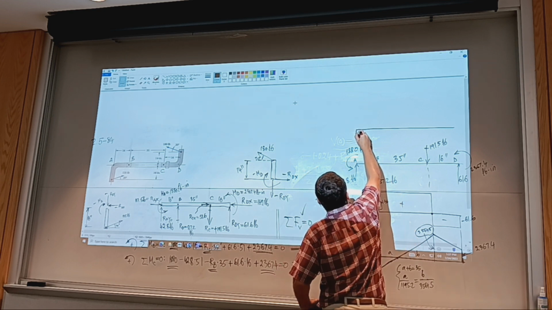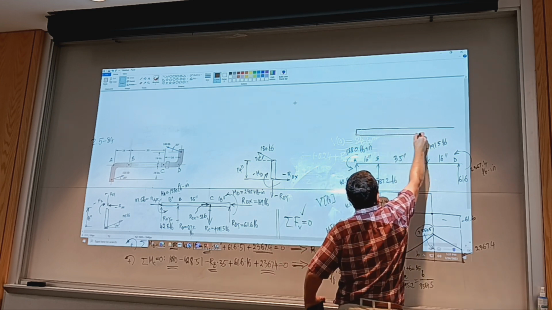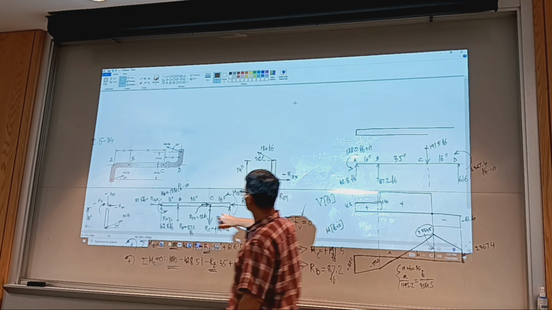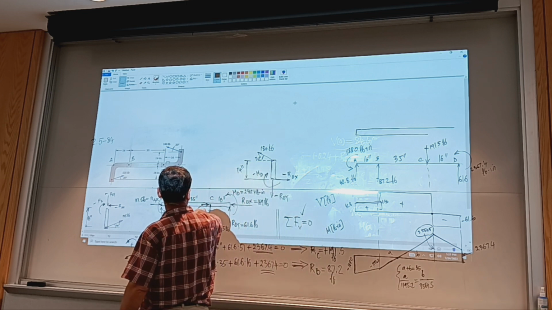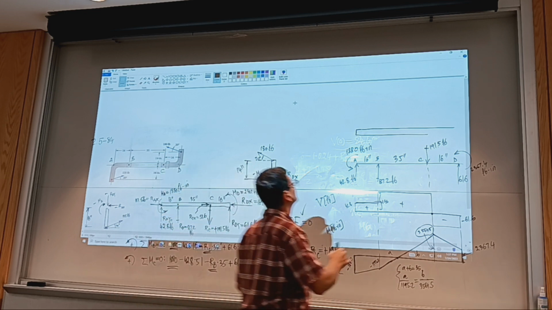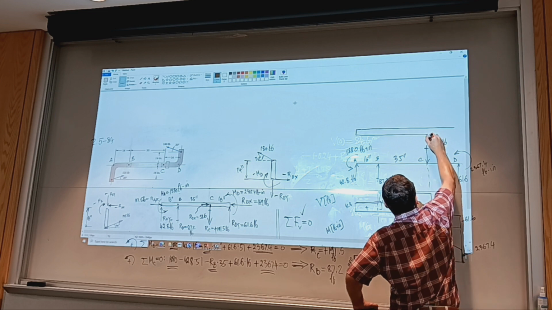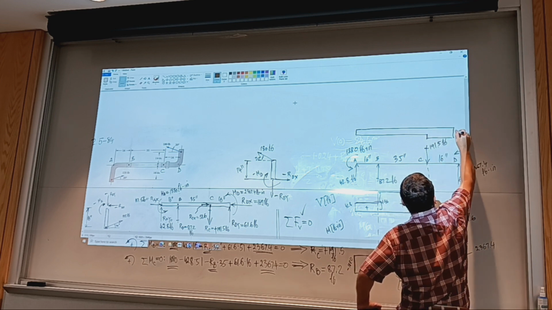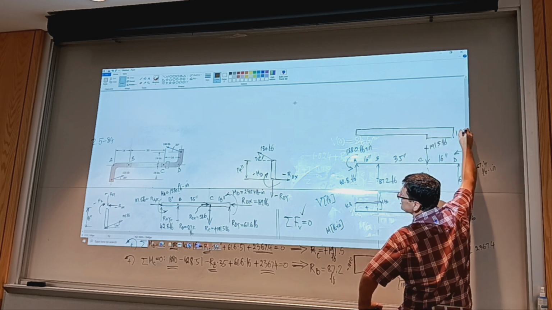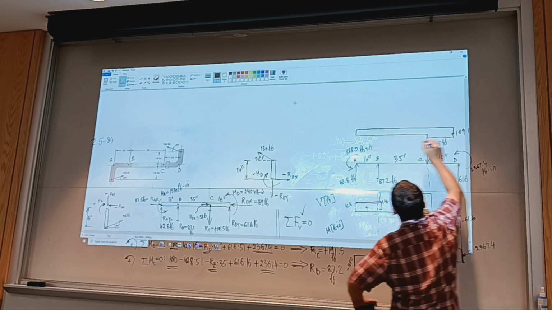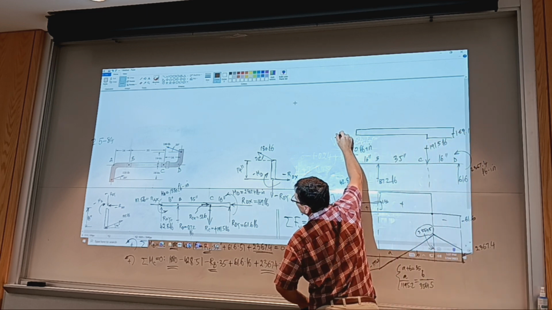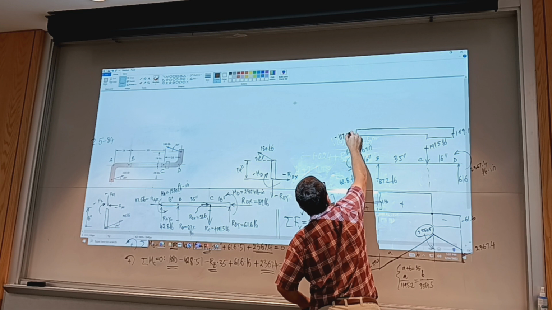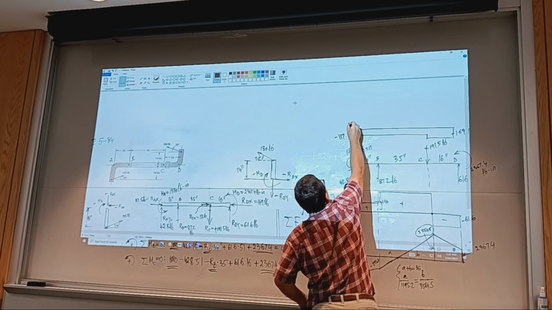So compressive, it goes below. And then here I have an increase of the compressive force, going to 169.1 negative, starting with negative 117.5. So this is axial.